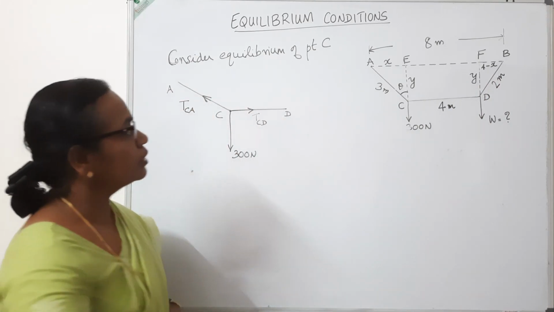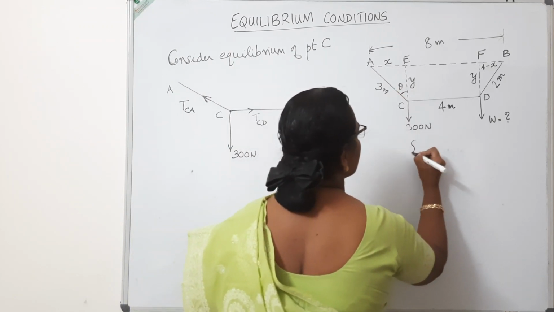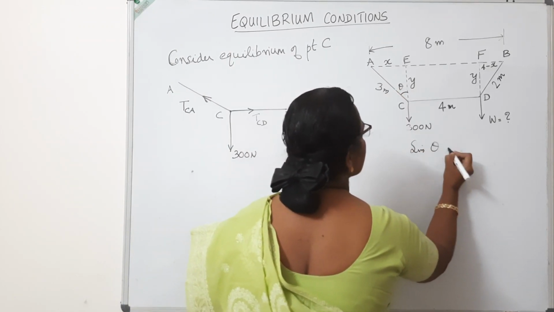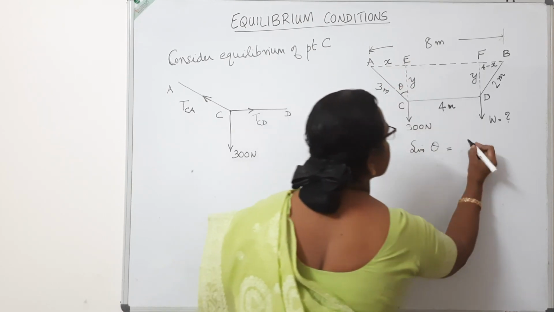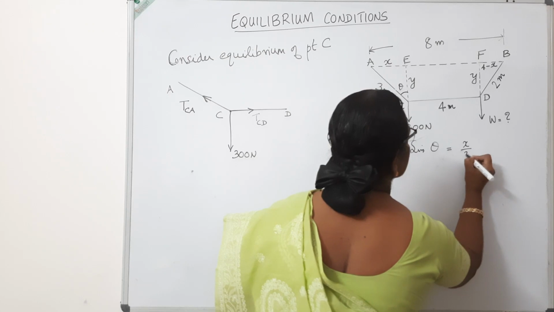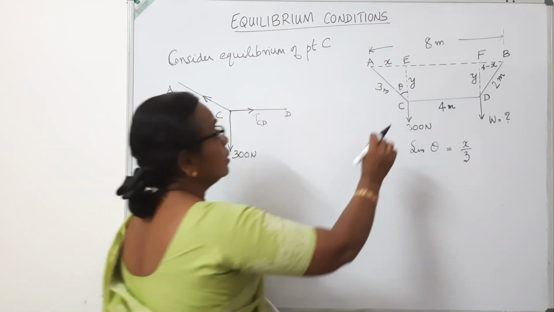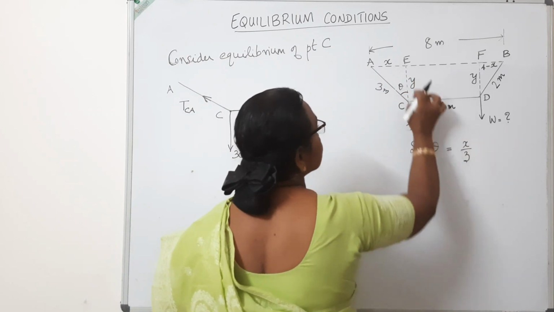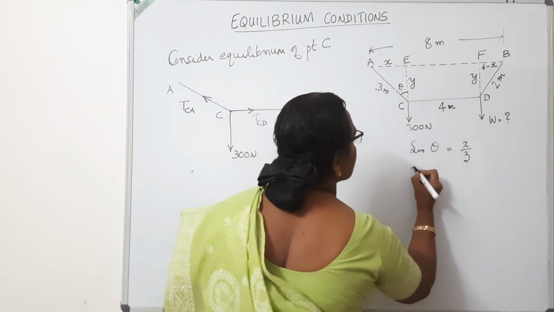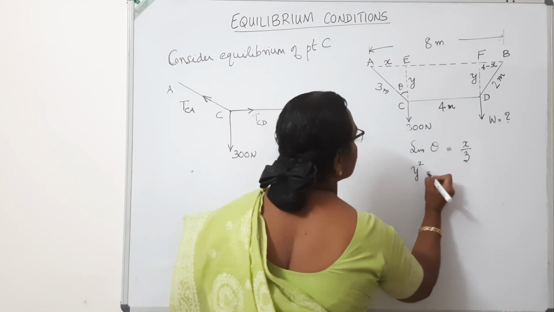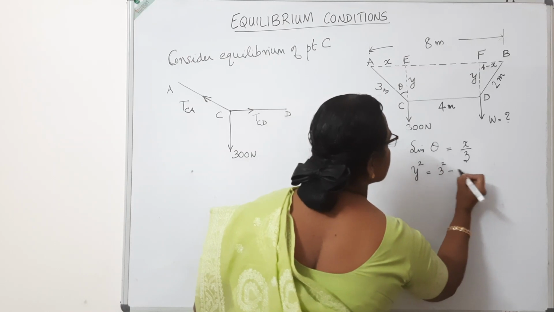So let us find out the angle. For that, use trigonometry. Here I can use sin theta is equal to x by 3. Isn't it? So we have to get x and y. So from here I can write y square is equal to 3 square minus x square.